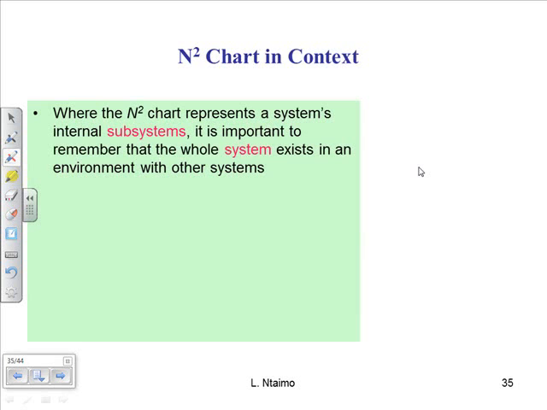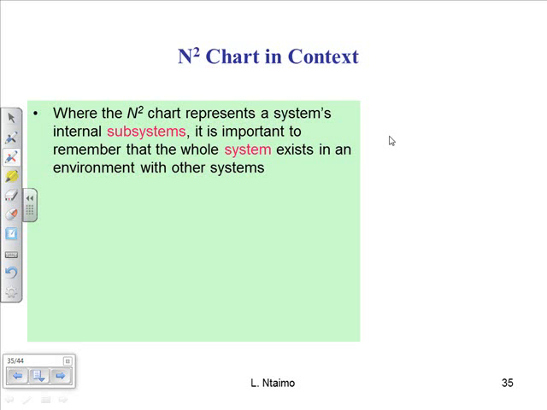Now, when you have an n-squared chart, sometimes you may be looking at a complex system, and so you may have subsystems involved. Again, this is talking about different layers of the hierarchy.